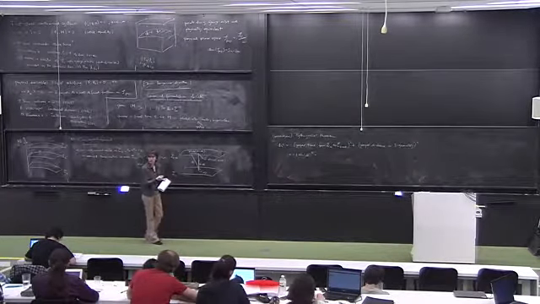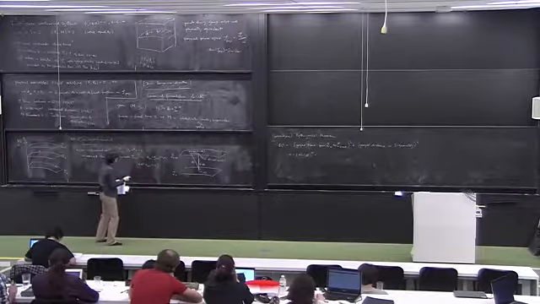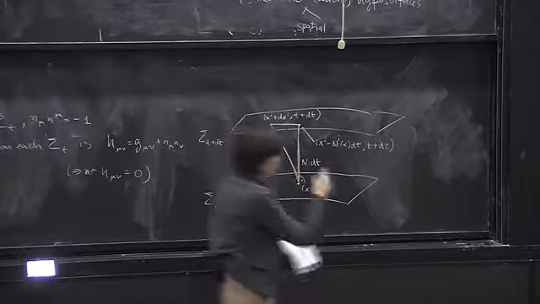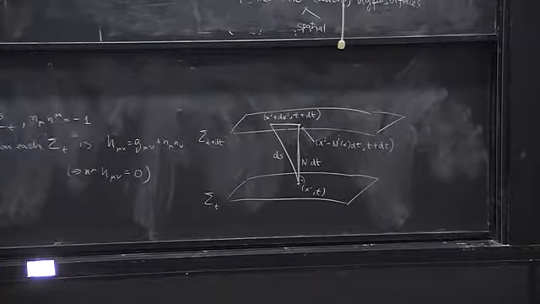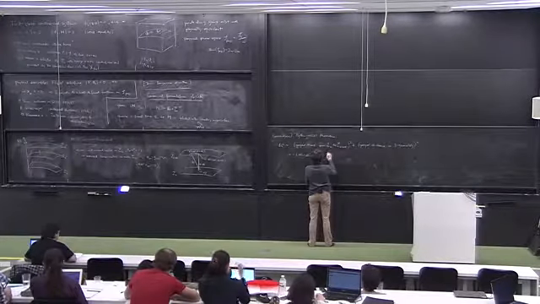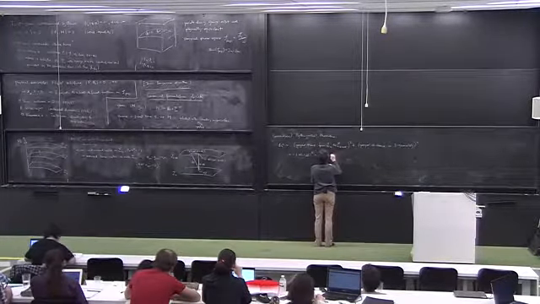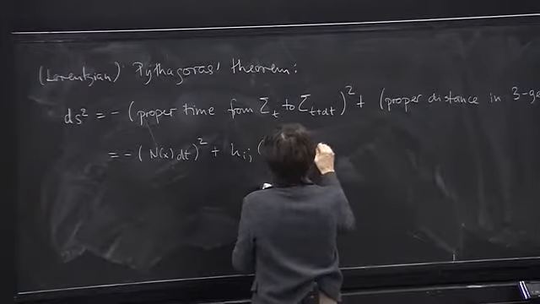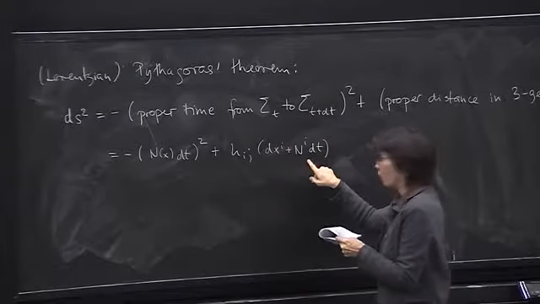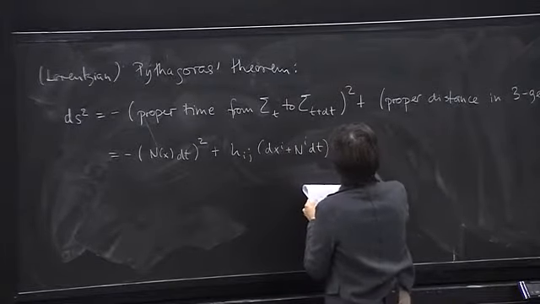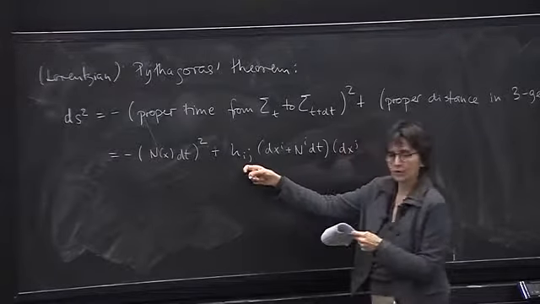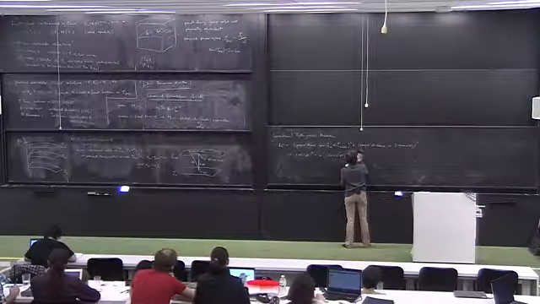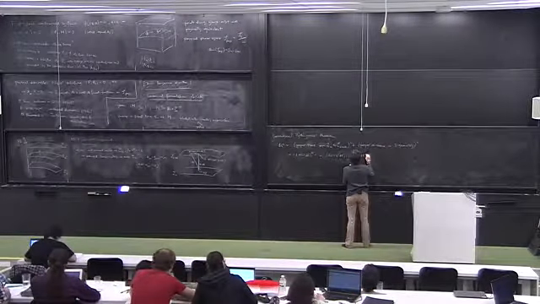Now, to get the true distance, I have to multiply that into the three-metric on the surface, which was this h_ij. That's, of course, spatial, as you've just learned. And now n^i dt, that's an infinitesimal coordinate distance, which I have to square. Well, squaring means, of course, I contract it with this spatial two-tensor, plus n^j dt.